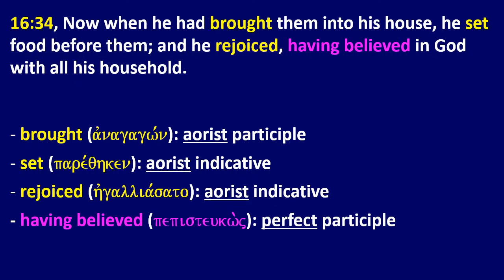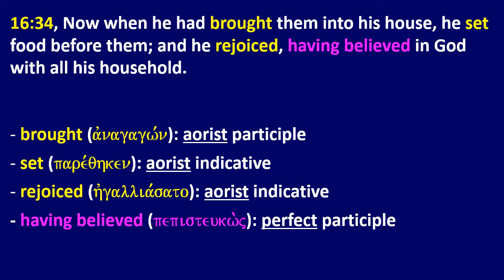Now, when he had brought them into his house, he set food before them, and he rejoiced, having believed, a perfect participle, in God with all his household. So this perfect tense is used at the very end of this account of Paul and Silas in the jail in Philippi and the Philippian jailer getting saved.